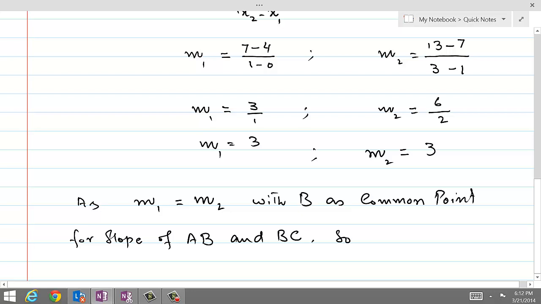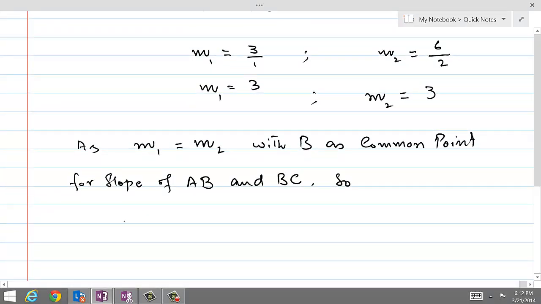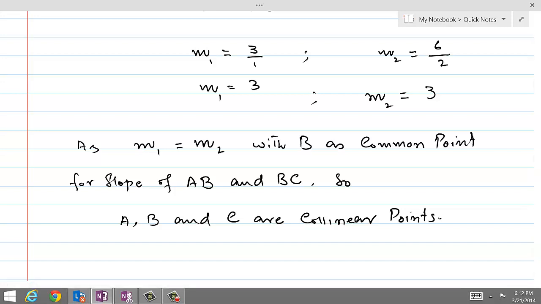So our conclusion is that A, B and C are collinear points. So this is one criteria we use to prove that the set of points A, B, C are collinear points.